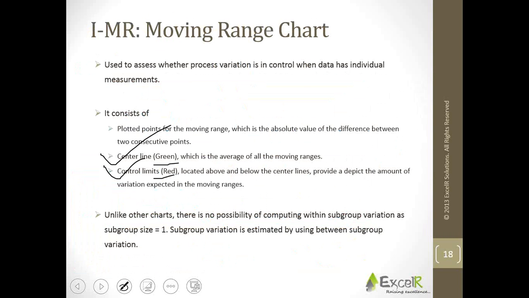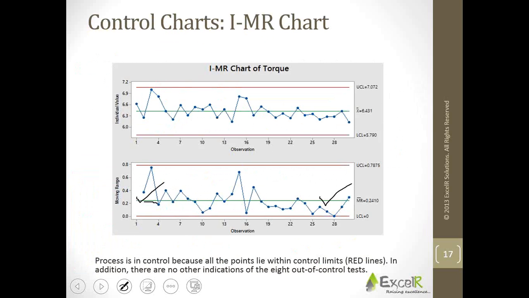Control limits, red, which are located above and below the center line, provide some arbitrary range which will tell you the amount of variation expected in the moving ranges. For example, these are the red lines that are available. This is the upper control limit UCL, lower control limit LCL. So it's giving you some range within which your process has to perform.